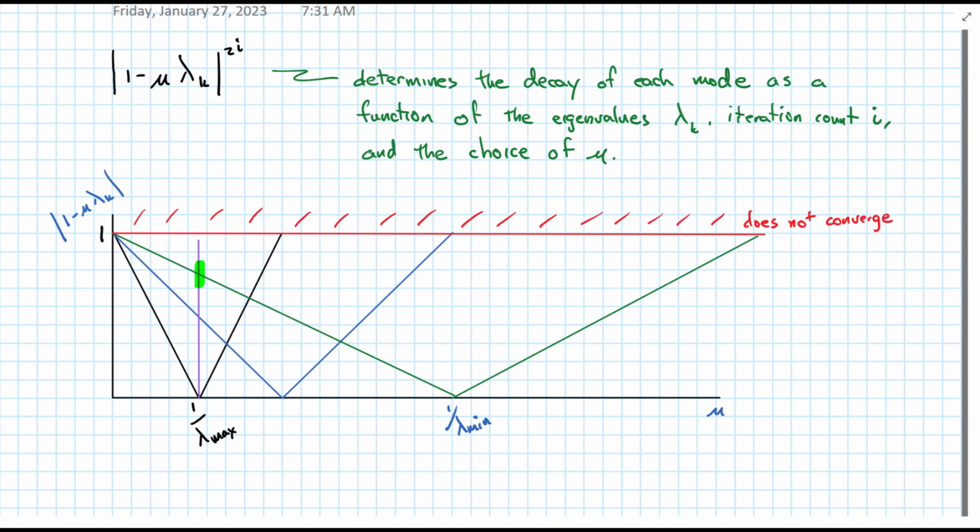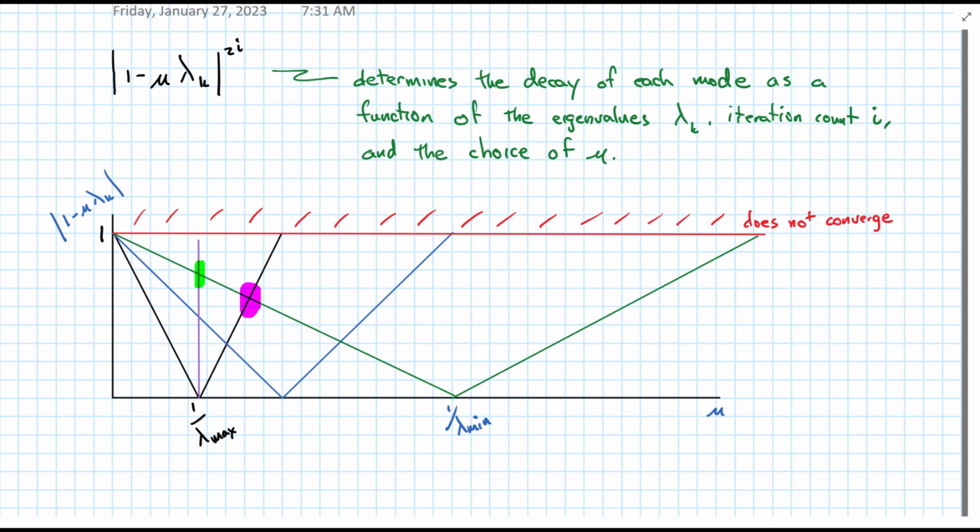So to have, I guess, the fastest convergence possible for all of the modes simultaneously, we are going to find the minimum maximum value of 1 minus mu lambda k. And that's going to occur right here.